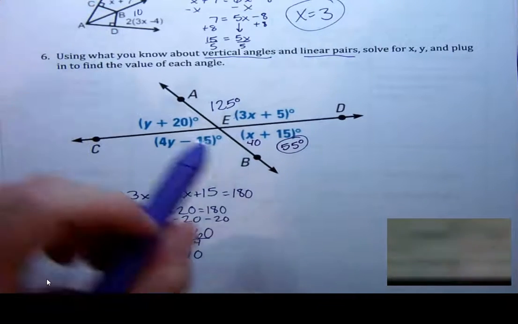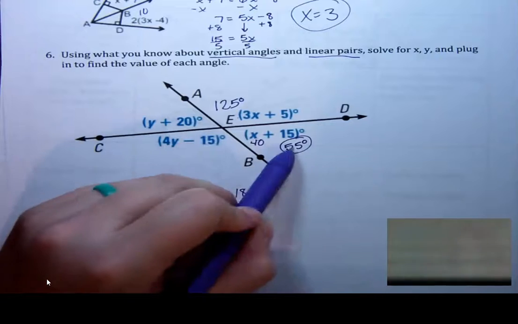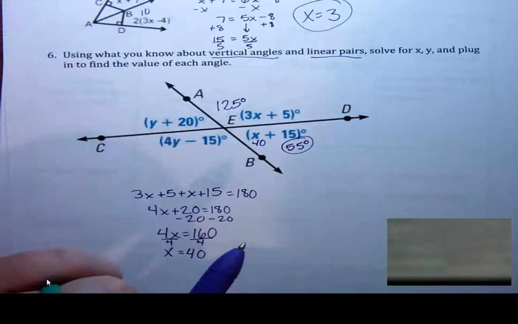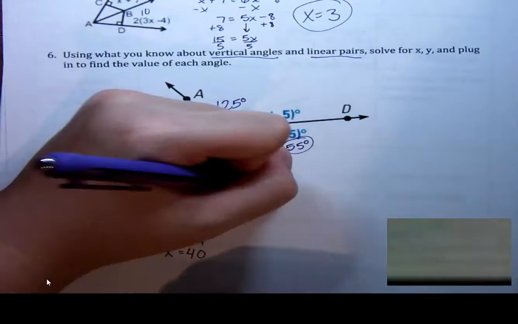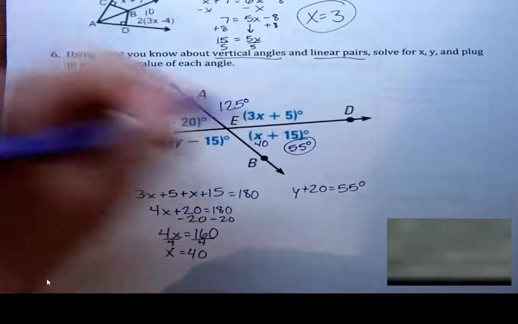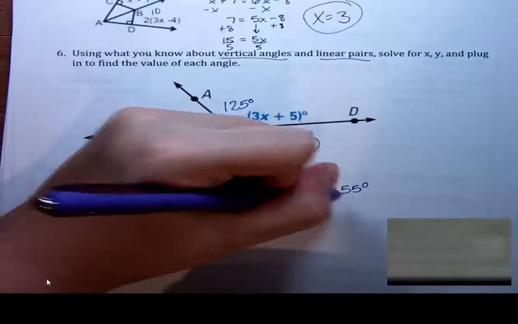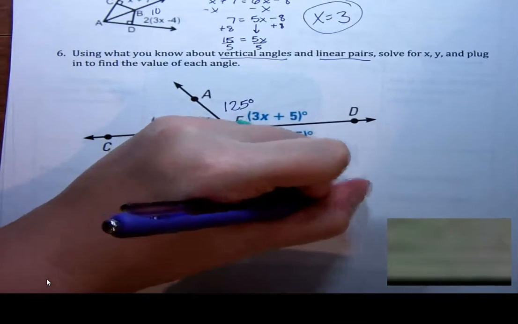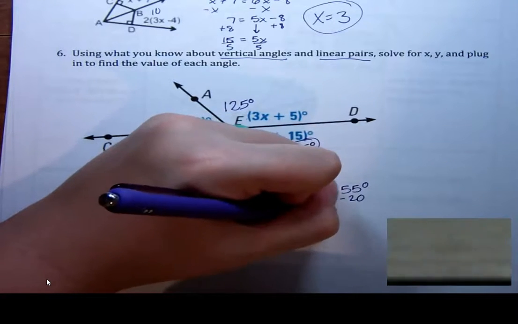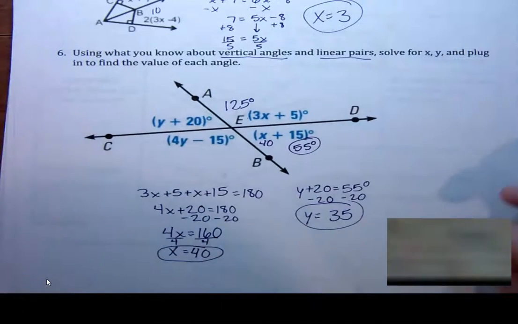And all we really have to do is set these equal using the vertical angle property. So 55 degrees is going to equal y plus 20. I really didn't have to write the degree mark, but that's okay. So minus 20, minus 20. You're going to get 35 for y. So you have x is 40, y is 35.